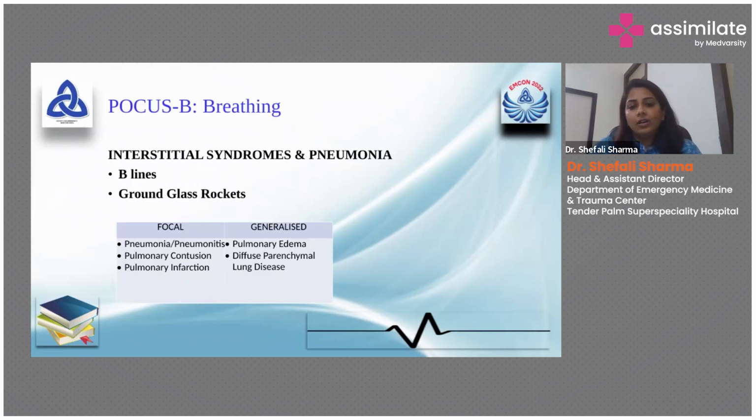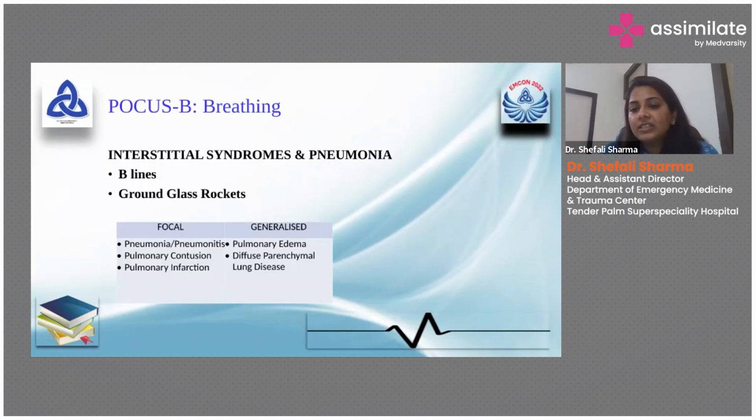Now, what we saw when we did a lung ultrasound was whether A lines were present, whether pleural sliding was present or not, and then how many B lines were present. Depending on these B lines, if they are focal, they could be present in pneumonia, pneumonitis, pulmonary contusion post-trauma, and pulmonary infarction.